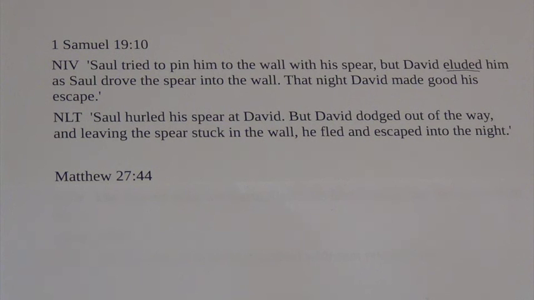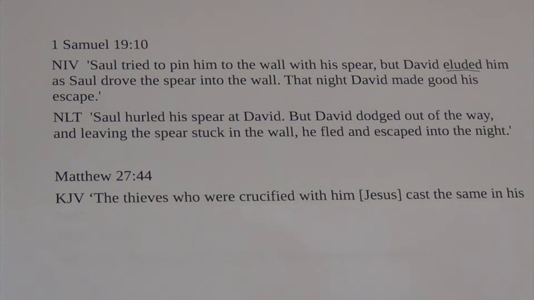In Matthew 27:44, it says, "The thieves who were crucified with him," that's Jesus, "cast the same in his teeth." Now, what's this cast the same in his teeth? In fact, the Greek says nothing like that. What they're doing here is something that King James advocates criticize in modern versions.